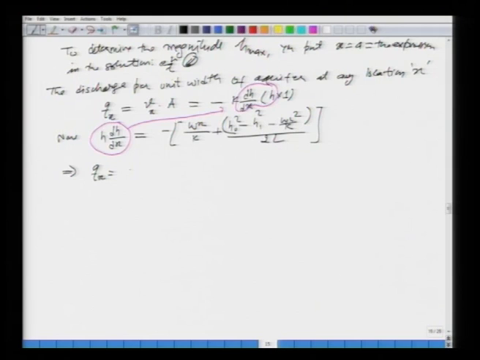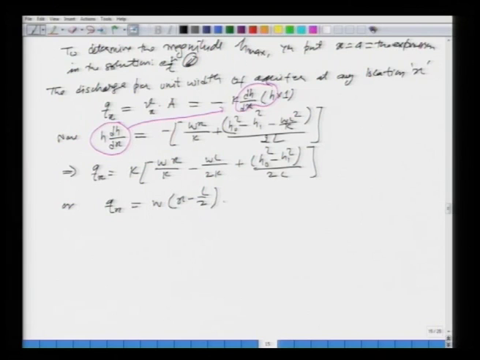What I am going to get is k times W x over k minus W L over 2 k plus h 0 square minus h 1 square over 2 L, or q x is equal to W times x minus L by 2 plus k by 2 L times h 0 squared minus h 1 square.